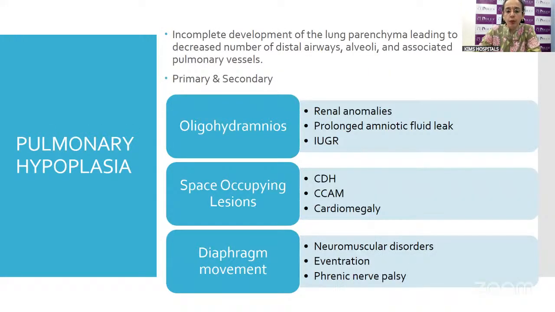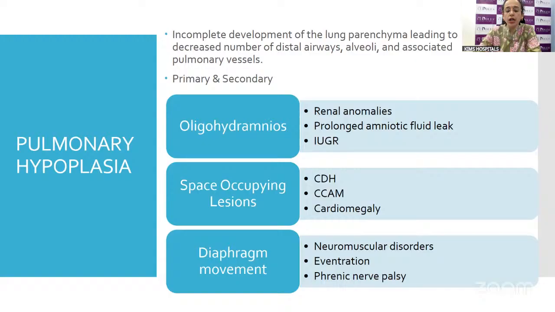So pulmonary hypoplasia is the incomplete development of the lung parenchyma leading to decrease in number of distal airways, alveoli, and associated pulmonary vessels. This is of two types, primary and secondary. The pulmonary hypoplasia occurs secondary to oligohydramnios in babies who had renal anomalies, prolonged amniotic fluid leak for the mothers, and history of IUGR.